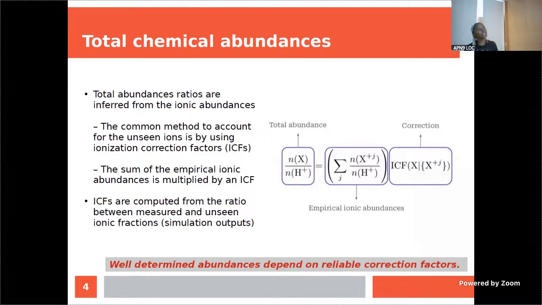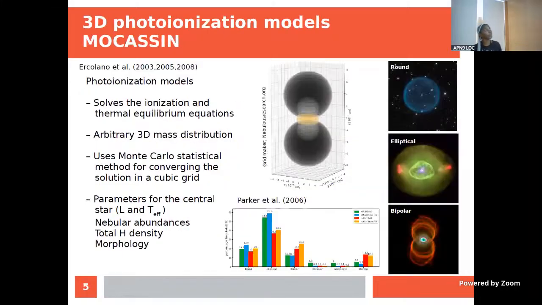So here you have the definition of the ICF, this correction that relates the total abundance with the sum of all the ionic fractions that you do observe. So this is a multiplicative factor that you put there. Of course, to get a reliable or well-determined abundance, they depend crucially on these ionization correction factors.